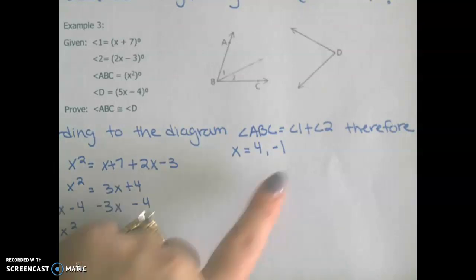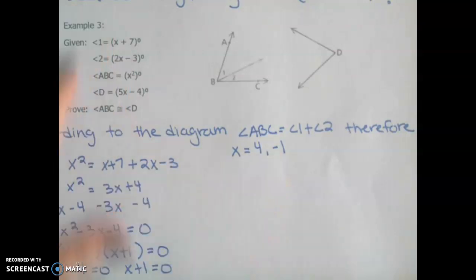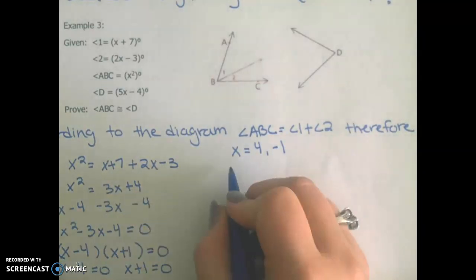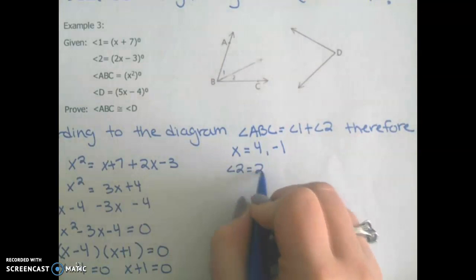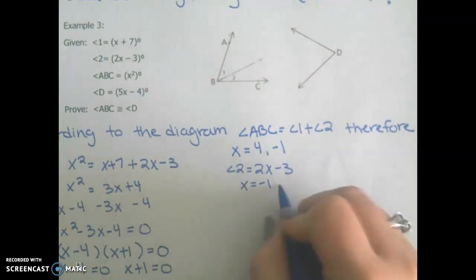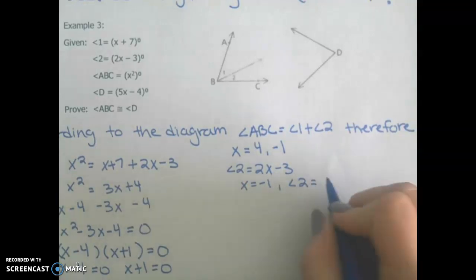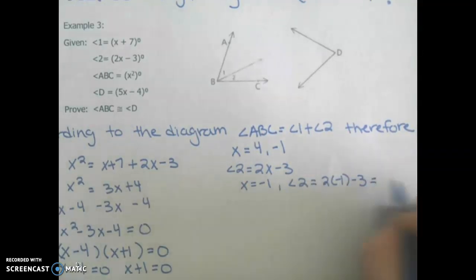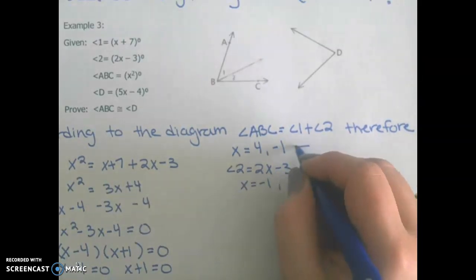So I'm going to plug in negative 1 to one of these expressions and determine if it gives me a positive value, because we only have positive angle measures. So if I plug this in for the measure of angle 2, remember, is 2x minus 3. So if x is equal to negative 1, then angle 2 would be 2 times negative 1 minus 3, and that would give me negative 5. So x cannot be negative 1.